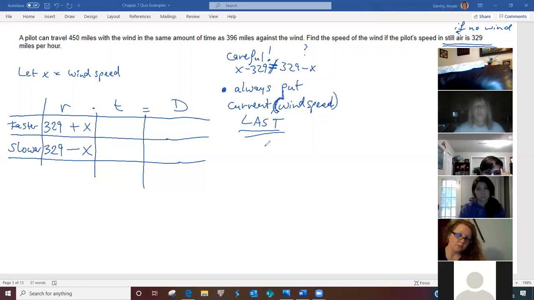Meaning, whichever one of those is the wind is what you do last. Right here, that yellow. So you're going to say, oh, what can my plane do? And the current helps, or the wind helps. What can my plane do? The wind fights me. Otherwise, you're going to have problems. It won't work.